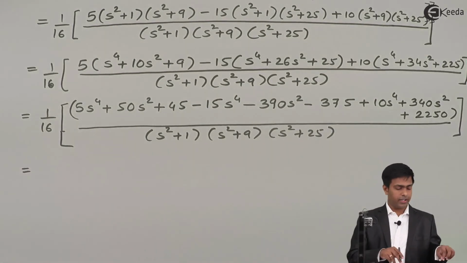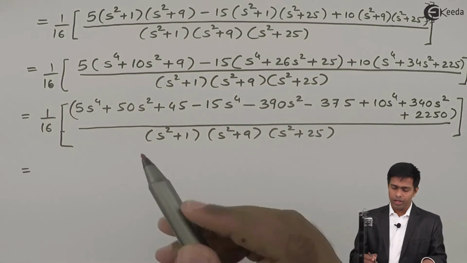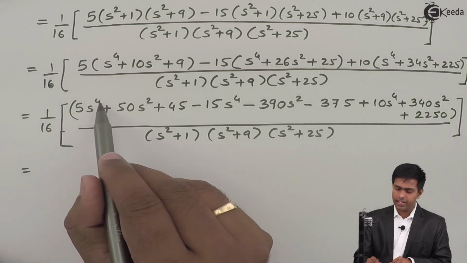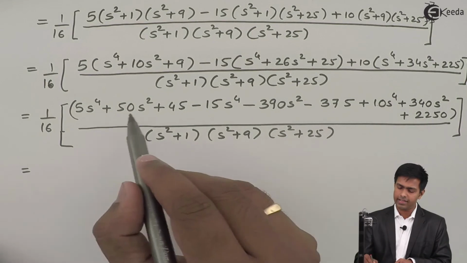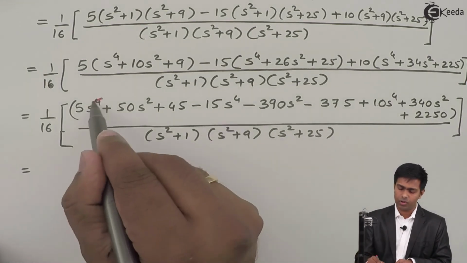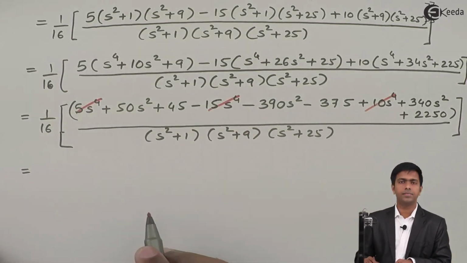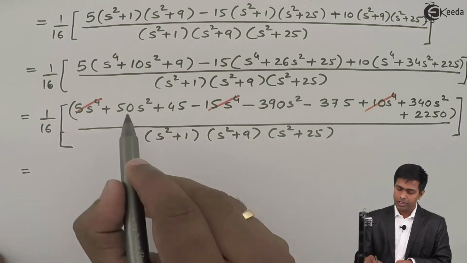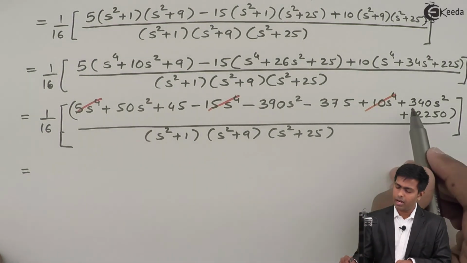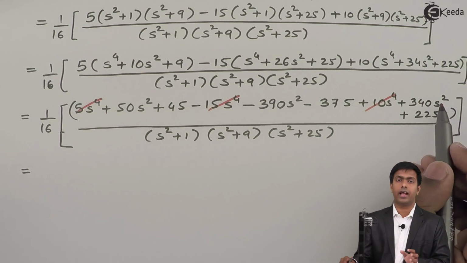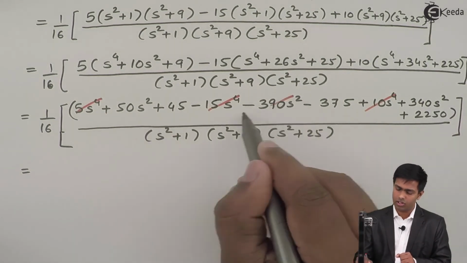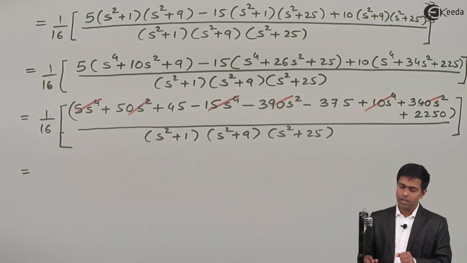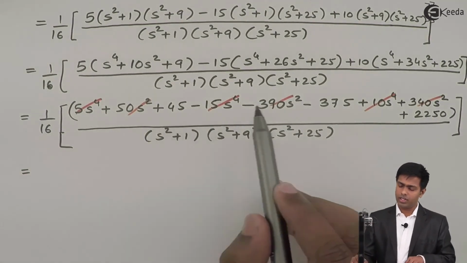Now let's simplify this. Now here this 5 s raised to 4 plus 10 s raised to 4 is 15 s raised to 4, and we can cancel it with minus 15 s raised to 4. So these three terms will be cancelled. Next, this 50 s square and plus 340 s square is 390 s square. It will cancel with this minus 390 s square. So these three terms are cancelled. And now we got only the numbers.